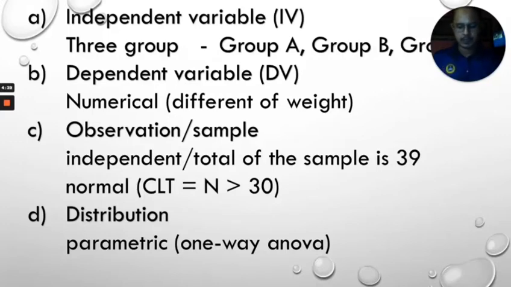The observations are independent. The total sample is 39. This is normal by the central limit theorem because n is more than 30. The distribution is parametric, so one-way ANOVA.